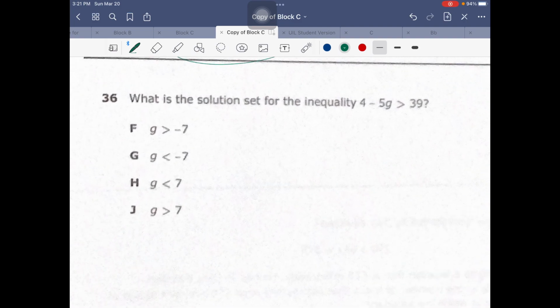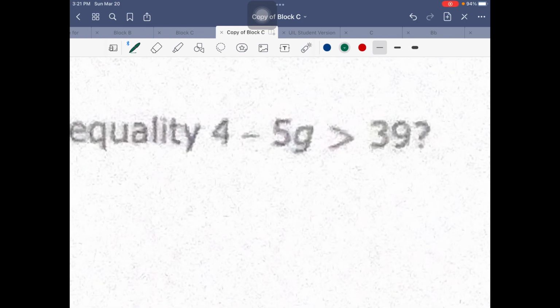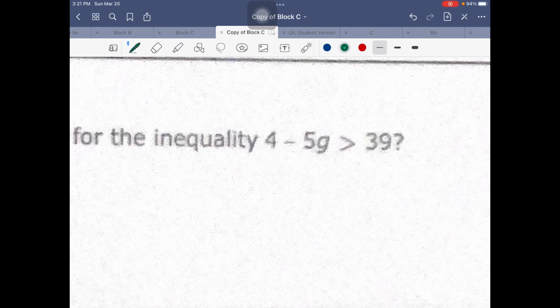Number 36. What is the solution set for the inequality 4 minus 5g is greater than 39? Ahora, this one. Usually our variable, whether it has a number or not, is in the front.